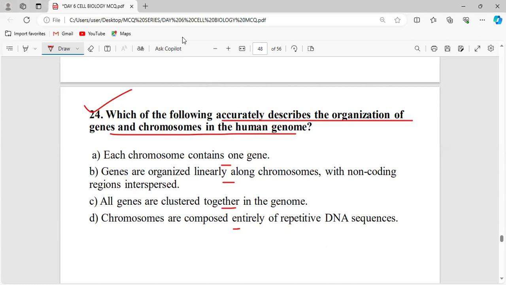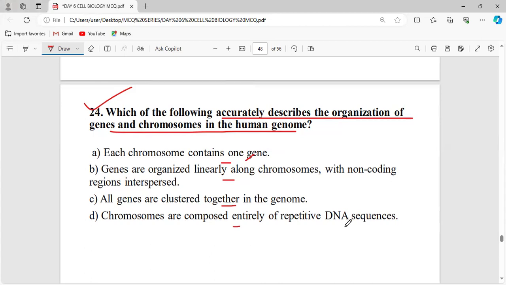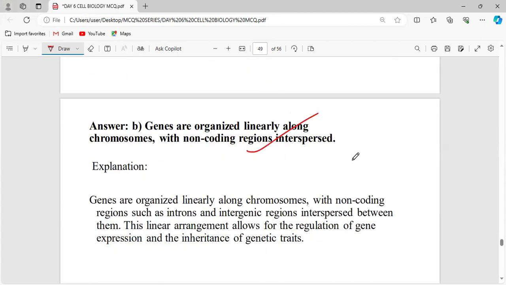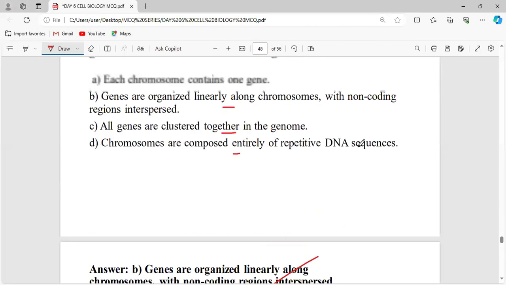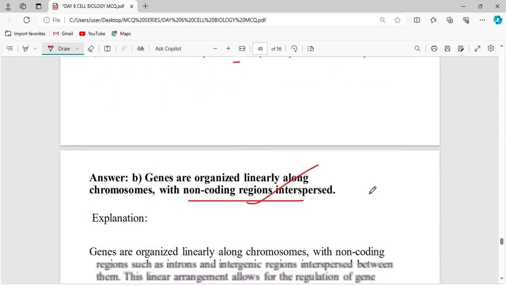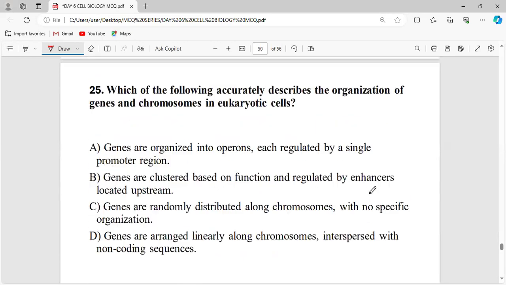Chromosomes are composed entirely of repetitive DNA sequence. Each chromosome contains only one gene? No. Genes are organized linearly along the chromosome with non-coding regions interspersed. This is the perfect definition for the organization of genes and chromosomes in the human genome.